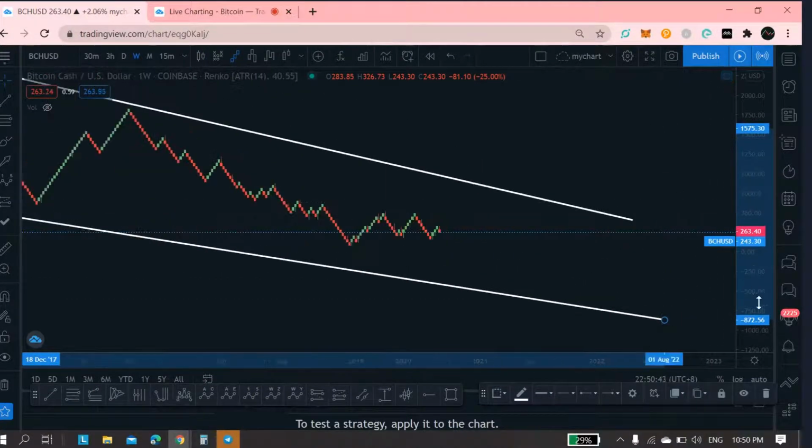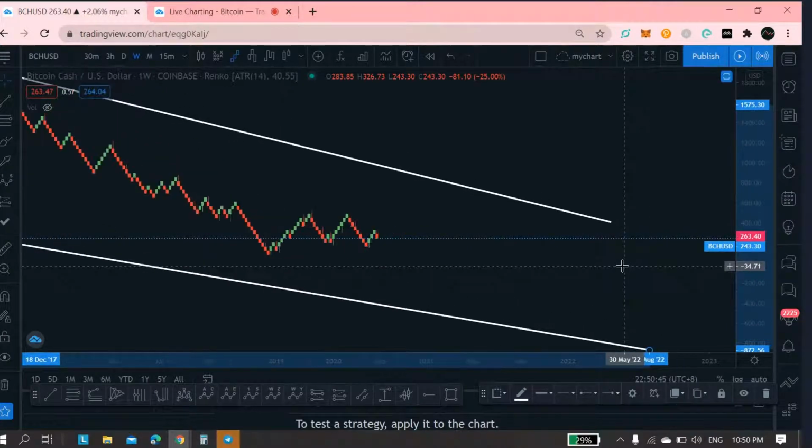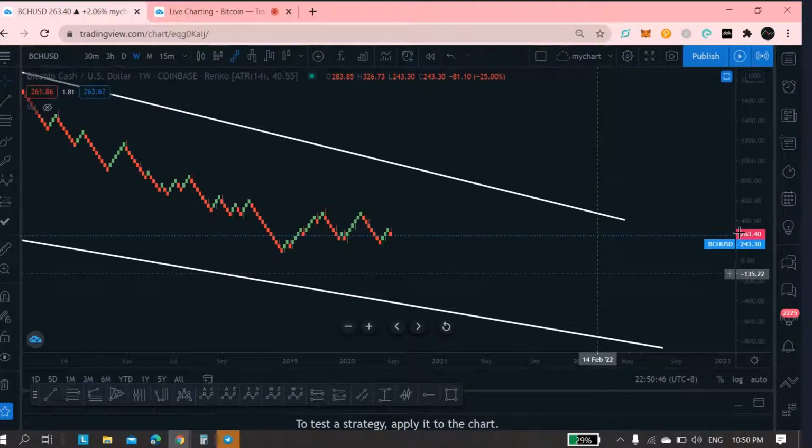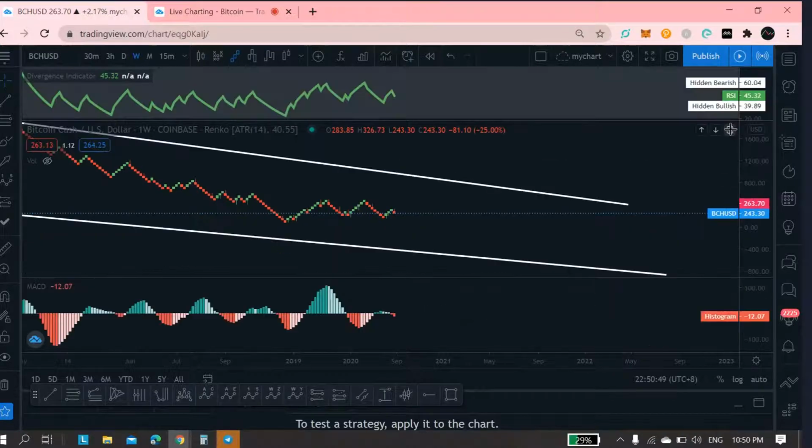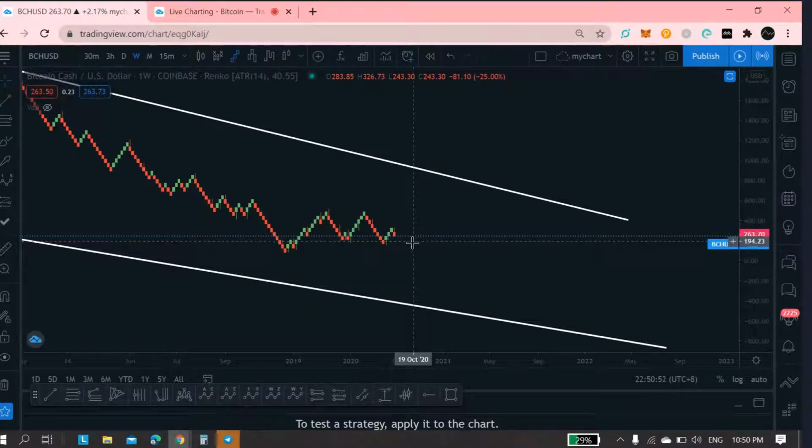At long-term downtrend, and currently, as you can see, that's still a bearish Renko chart and could possibly retest the previous support around this area.